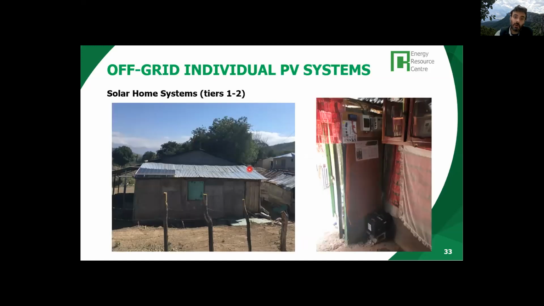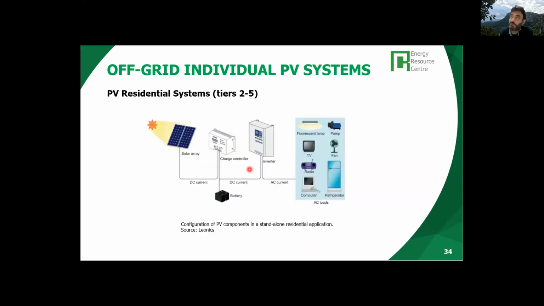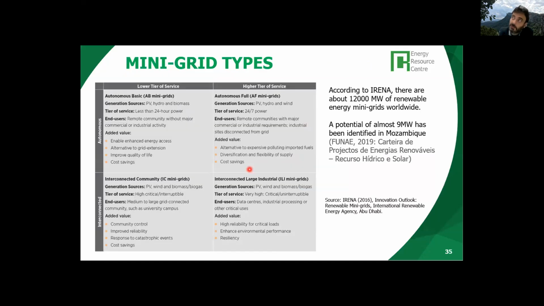Whether it is a solar home system, a simple project, or a residential system with AC consumption, meaning we need to incorporate inverters. If we are talking about mini grids, what kind of mini grids, autonomous or interconnected, all of these we have seen in different sessions previously in this course.